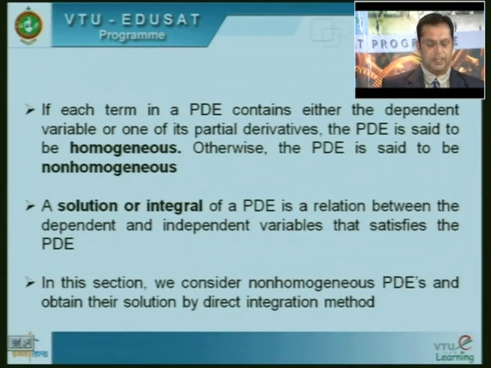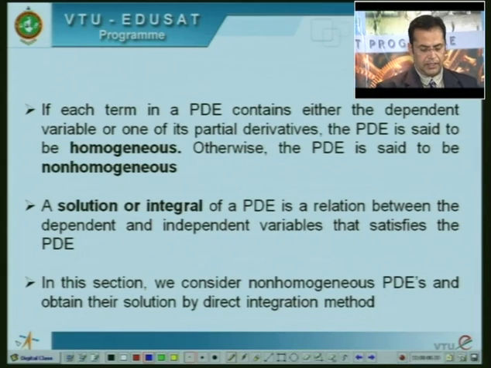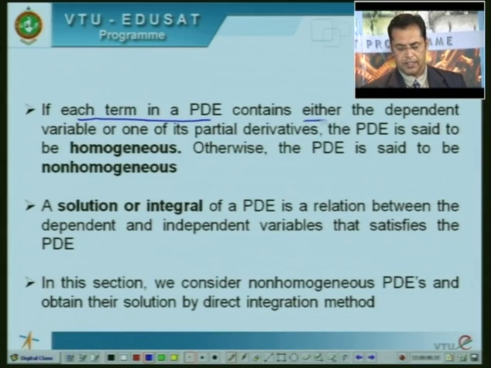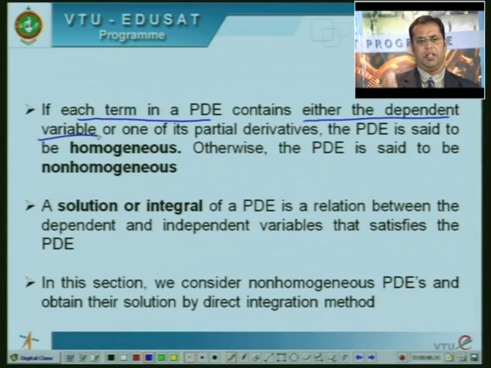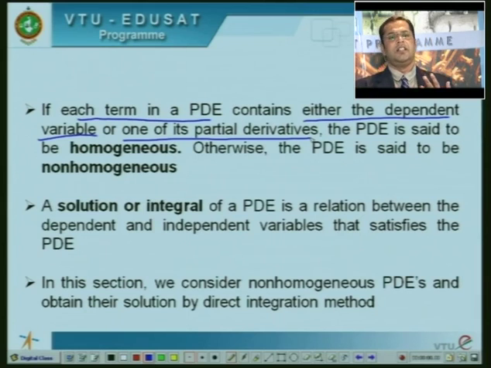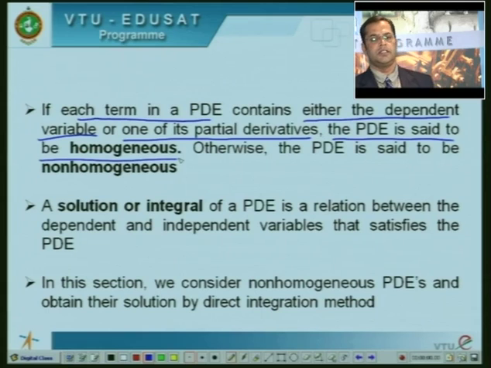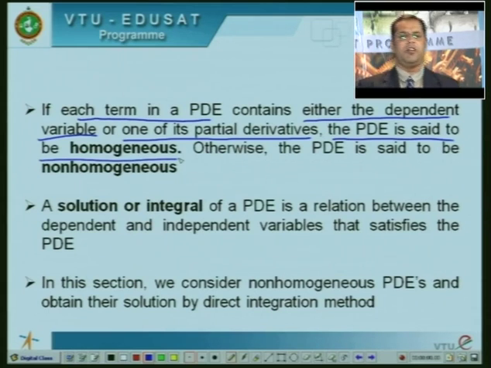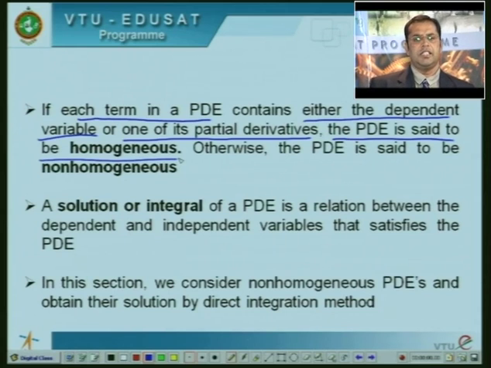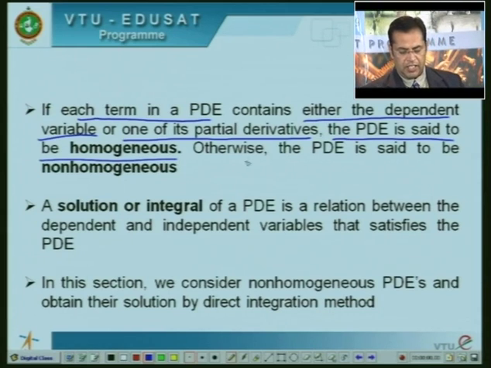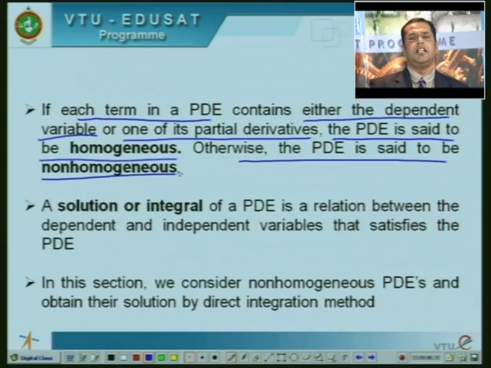As you can see, friends, if each term in the given PDE contains either the dependent variable, for example, in our notation we take z as the dependent variable, or one of its partial derivatives only, so it should have z and the partial derivatives of z like p, q, r, s and t and so on, then such PDEs are called homogeneous PDEs. Homogeneous PDEs will be our topic of discussion in our future sessions. Any PDE that does not satisfy the above conditions becomes non-homogeneous.